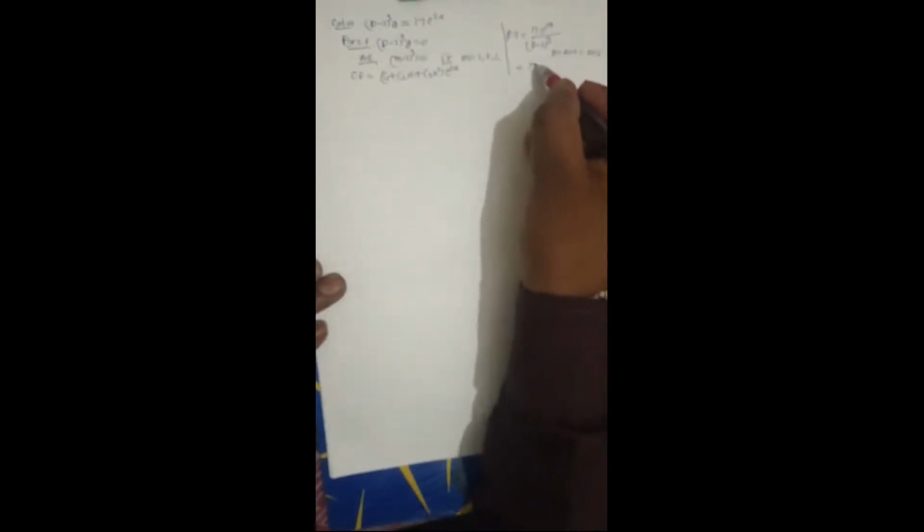In this case, 17 e to the power 2x upon (D plus 2 minus 2) whole cube, that is 17 e to the power 2x. Now integrate 1 three times, that is x cube upon 6.